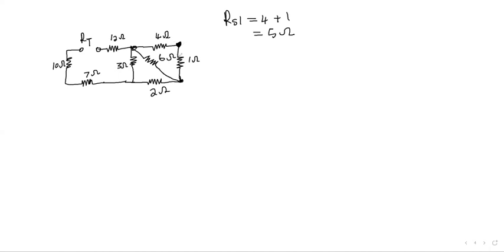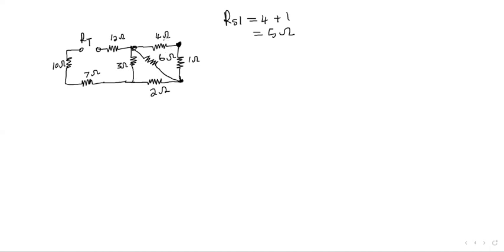I can say they're series. Why am I saying they're series? And why do I start with 4 ohm and 1 ohm? Why don't I start with 3 ohm and 2 ohm? Someone might ask this question: why does he start with 4 ohm and 1 ohm while there's 3 ohm and 2 ohm?